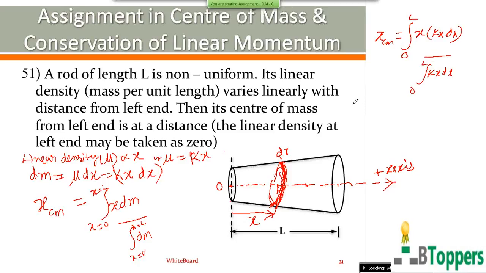K is a constant and can be put outside the integral symbol. So the integral of x squared dx from 0 to L, divided by k into the integral of x dx from 0 to L. K can be cancelled.